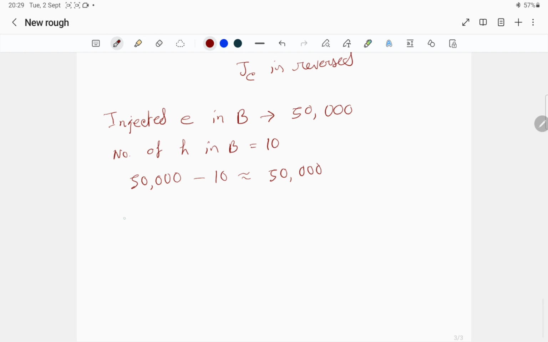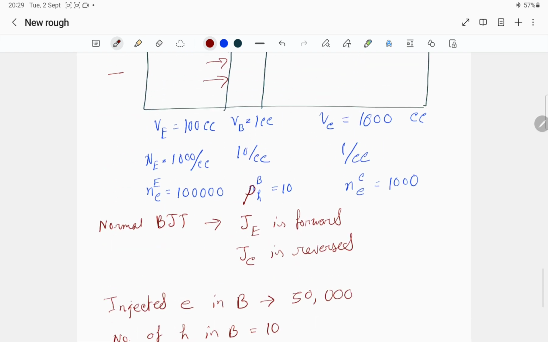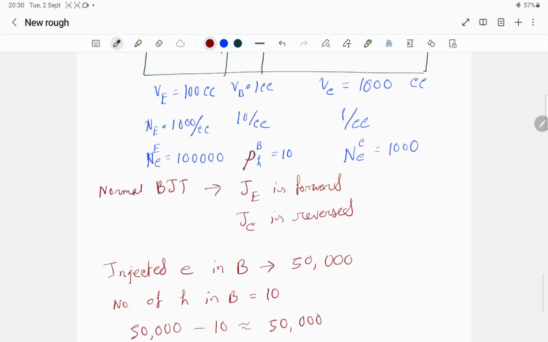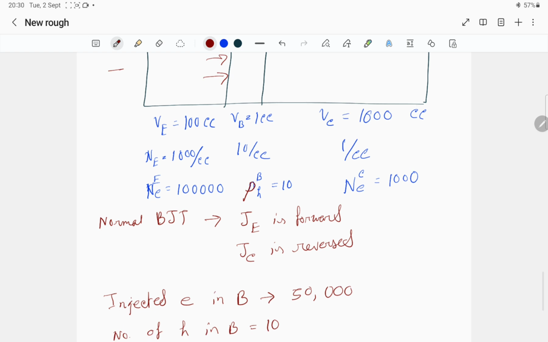If I try to find out the concentration of electrons in base, not number, right? For simplicity, let me put capital for number of electrons and number of holes, and small for concentration, right? So the concentration of electrons in base, you see the volume is 1 cc, right?